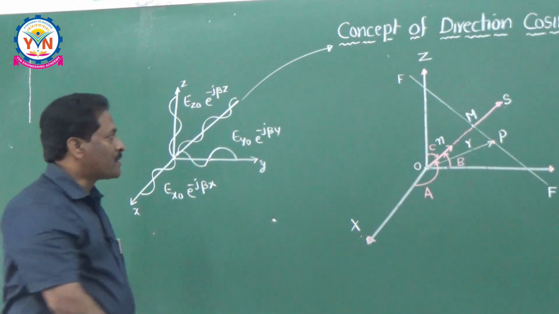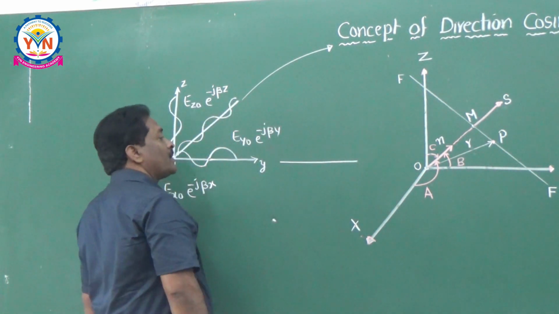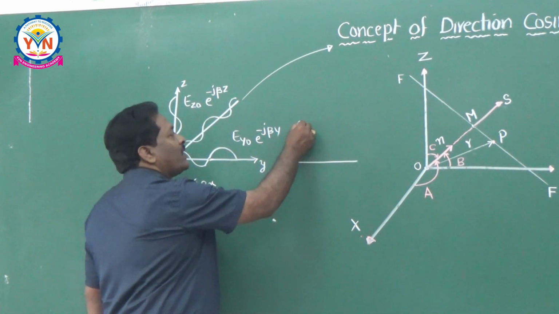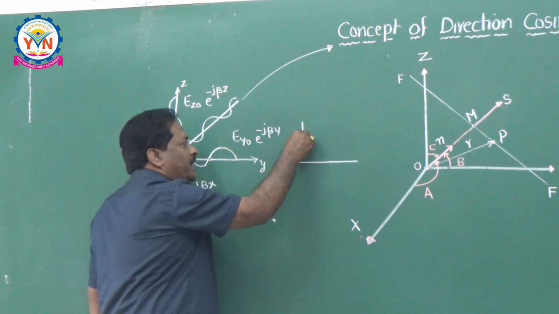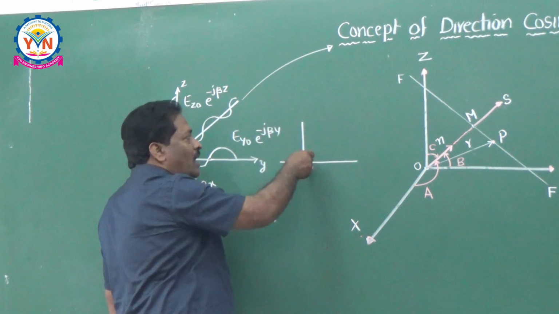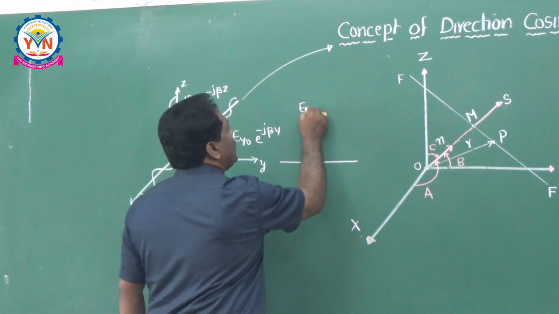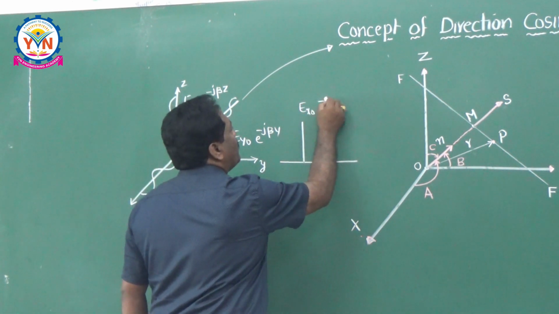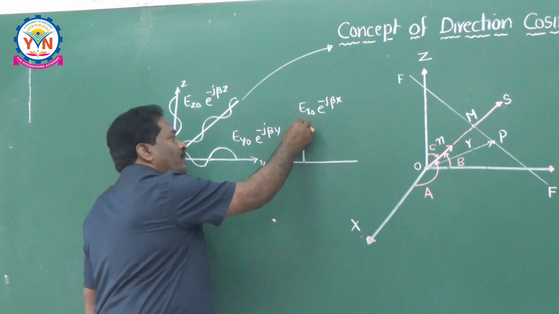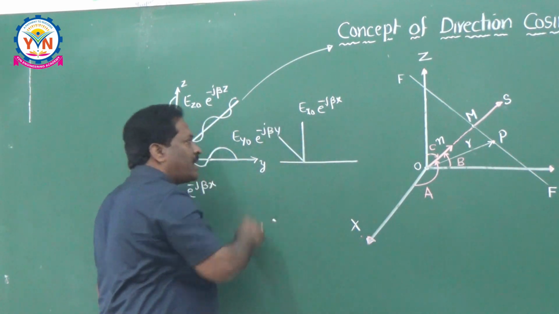Practically speaking, suppose this is a conducting medium, or otherwise a plate of a conductor. Whenever the wave is coming and hitting at an angle of 90 degrees, it is called normal incidence. Since it comes normally, you can write it down. Suppose it is in the x direction, you can write Ex0 e^(-jβx). But practically the wave can always come in an arbitrary direction like this.